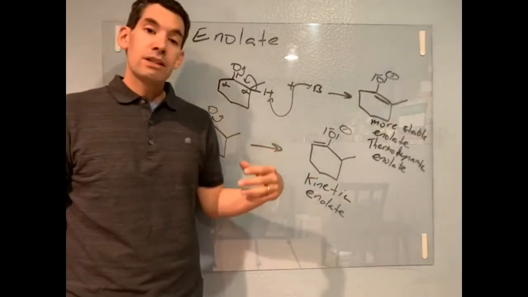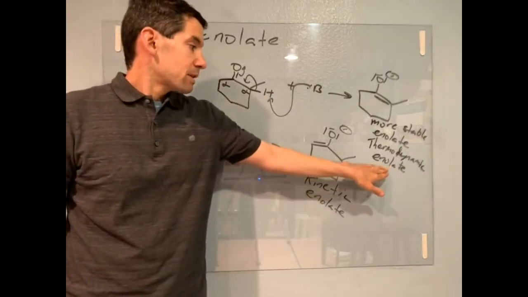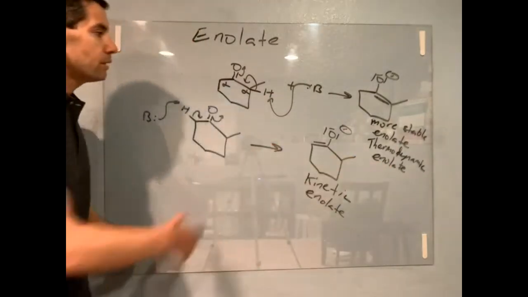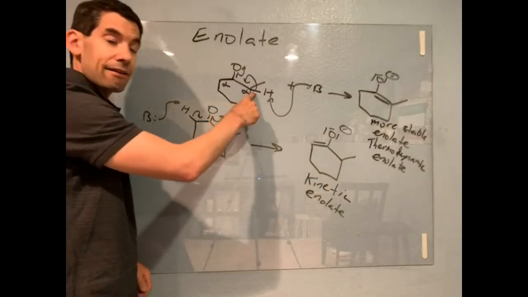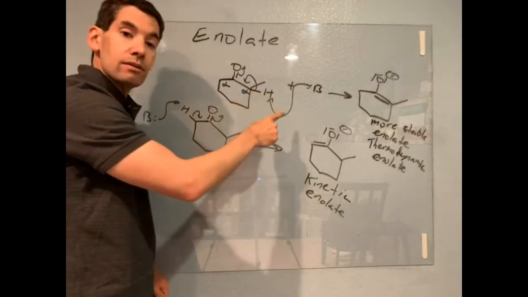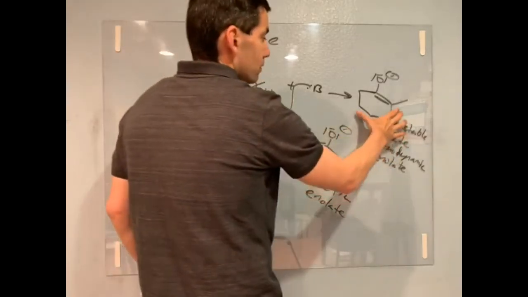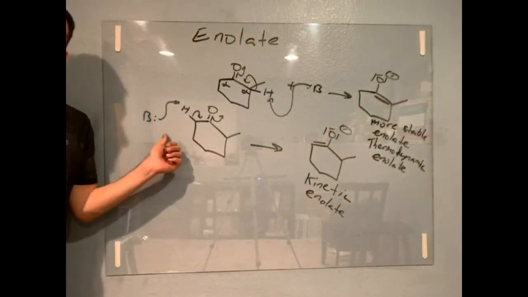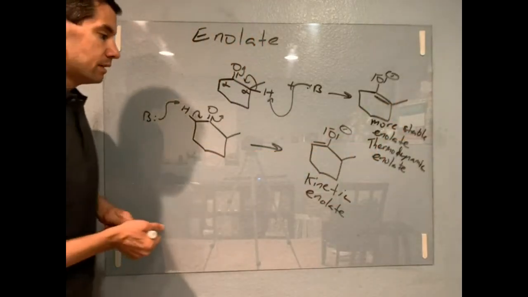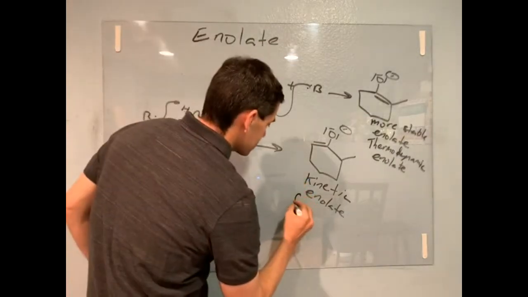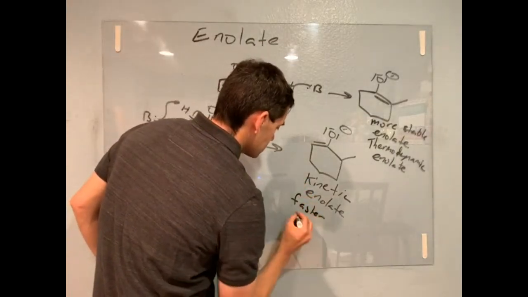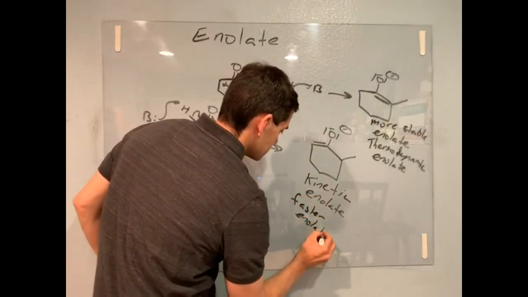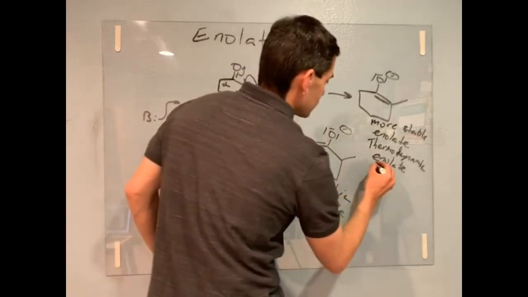Also, there's some other information we know about this, right? For our thermodynamic one, we have to pull the proton off from the more substituted side, right? This is going to be a lot slower to form that enolate. Where this one, the kinetic one, we're going to form a lot faster. This is going to be our faster enolate. This is going to be our slower enolate.